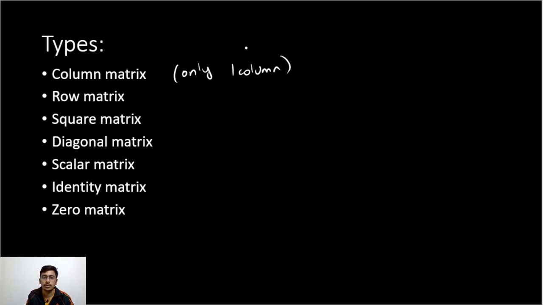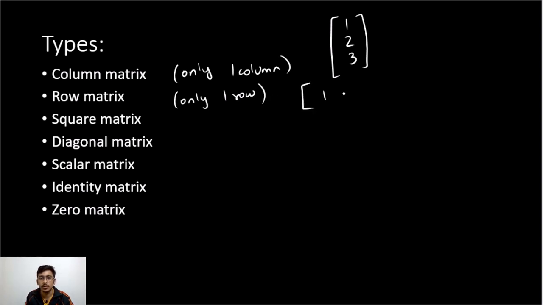Okay, so an example of a column matrix is 1, 2, 3. We could have any number of rows, but only one column should be there. So this is an example of a column matrix. Okay, so we can easily understand what a row matrix is. A row matrix has only one row, and that row can be written as simply 1, 2, 3.